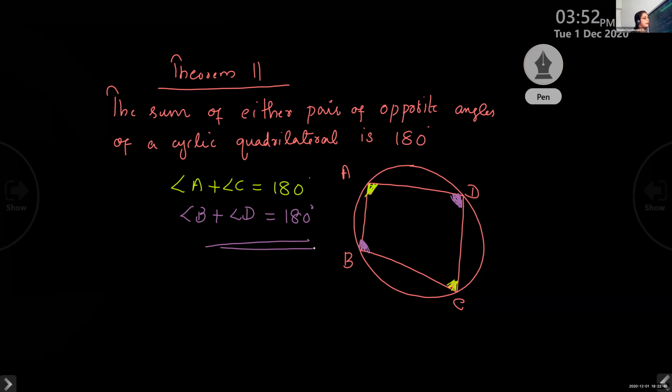So when you add the opposite angles, you will get 180 degrees. So how can you recognize a cyclic quadrilateral? In cyclic quadrilaterals, all the four vertices will be on the circle. And the speciality is that angle A plus angle C, when you add, you will get 180 degrees. And the other pair of opposite angles, when you add, you will get the same result.